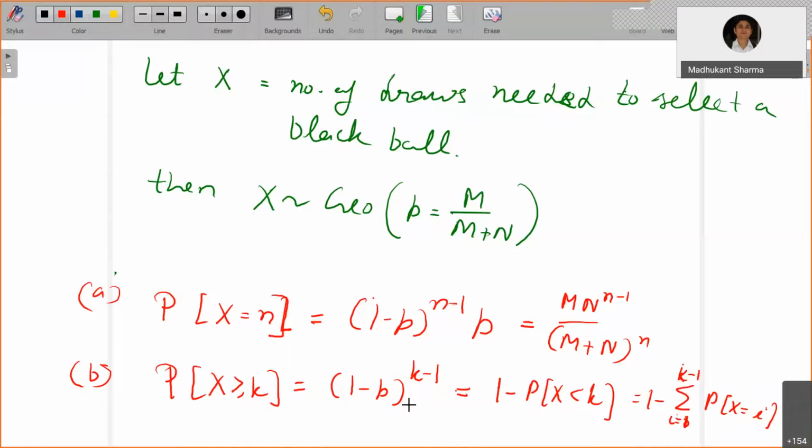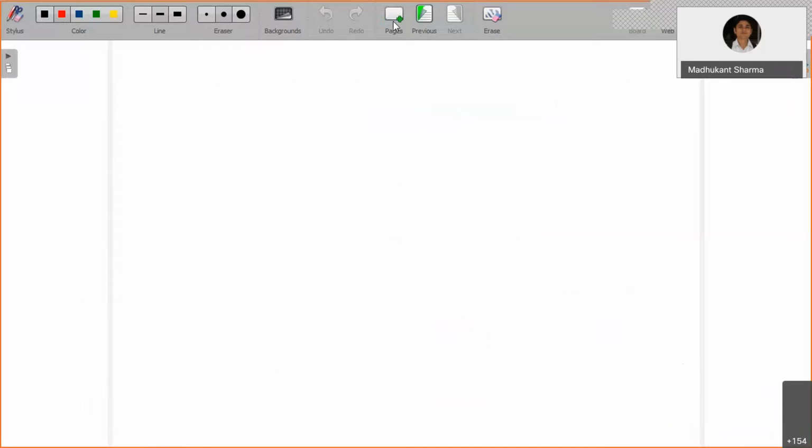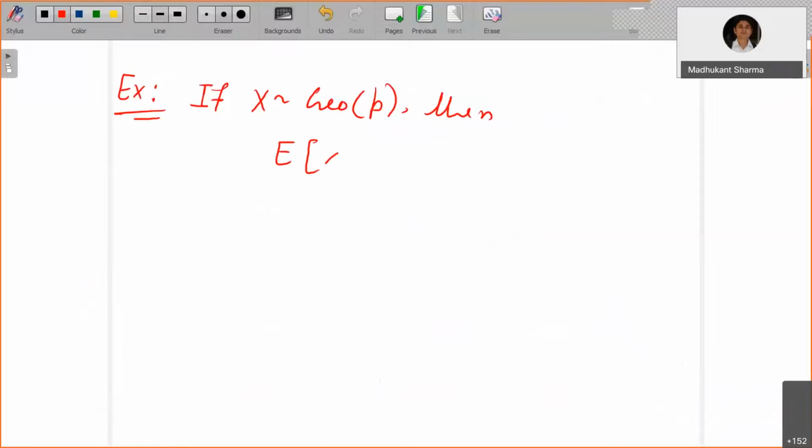Okay, right. Now the next thing we want to show is an exercise. It is indeed very easy to show that if x follows a geometric distribution with parameter p, then the expectation of x is equal to 1 by p and the variance of x is equal to 1 minus p by p square.